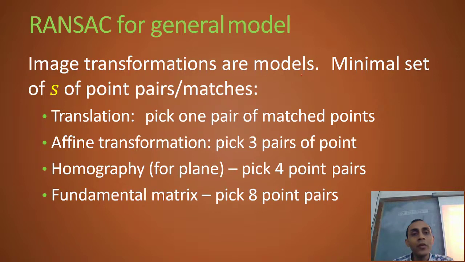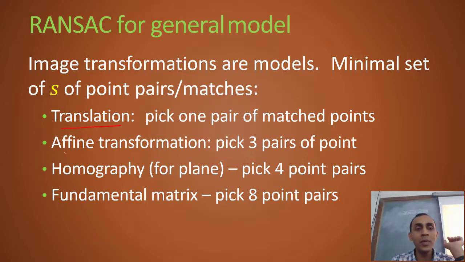If we are trying to do image transformation, matching one image with another, and the image has only been translated in the x or y direction, then we just need one pair of corresponding points. We subtract x1 x2 and y1 y2, and we get delta x and delta y.